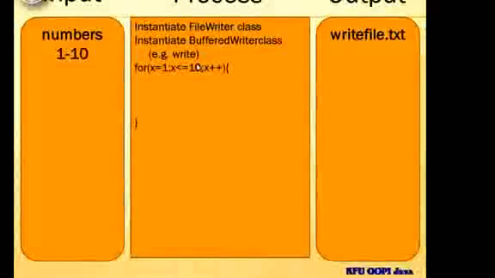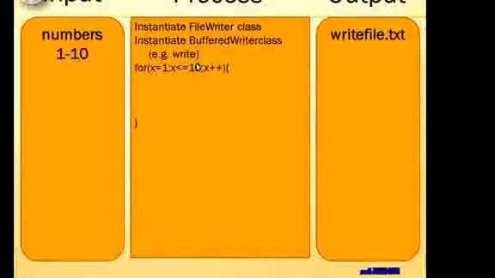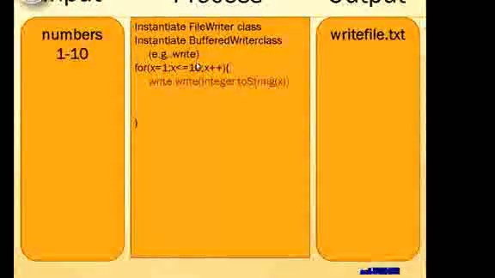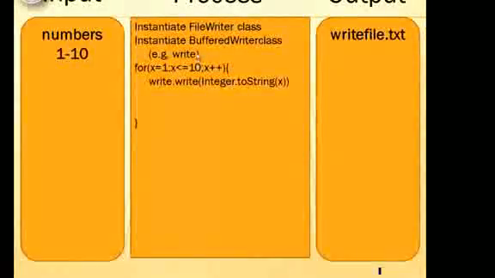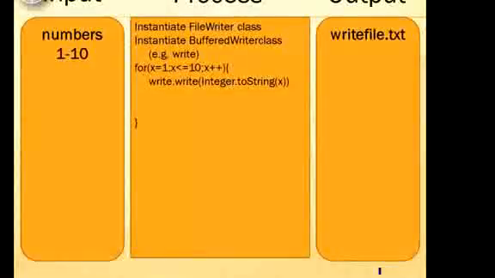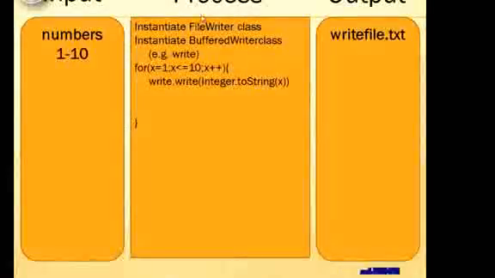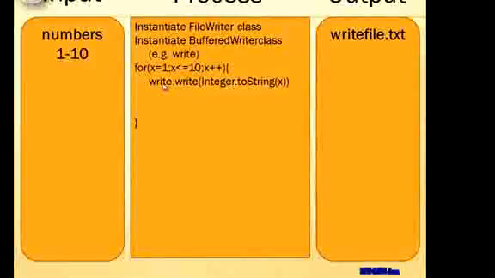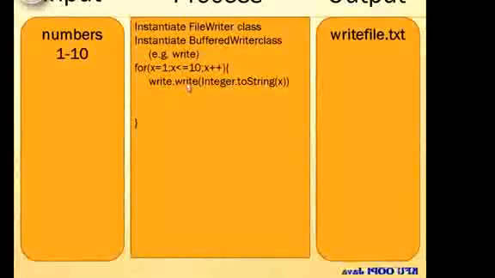Then, to make it easier, we're going to use a loop for the numbers 1 to 10. The first thing we're going to do is to write it. Please don't be confused. This is the object name for the BufferedWriter class, and then this is the method.